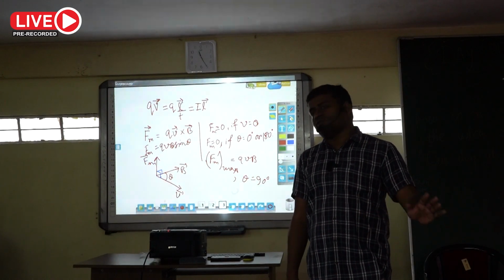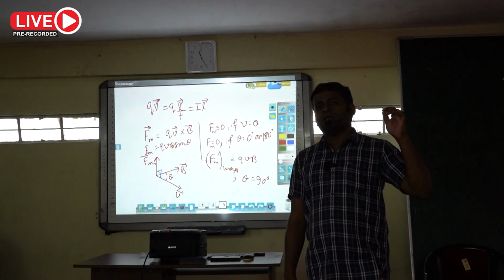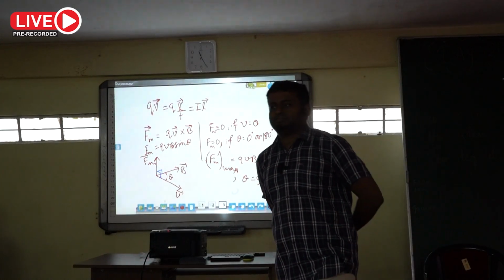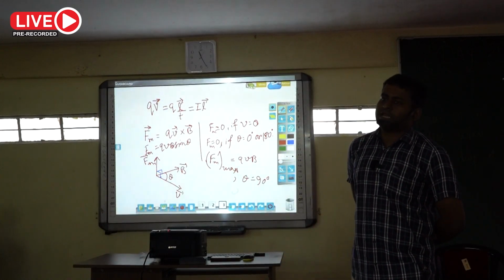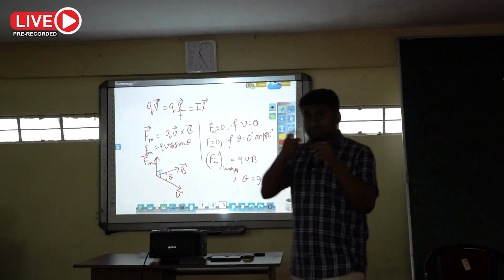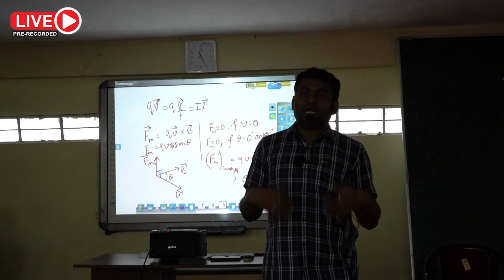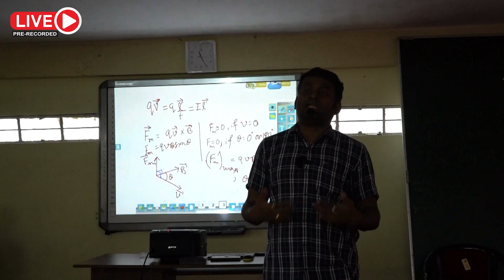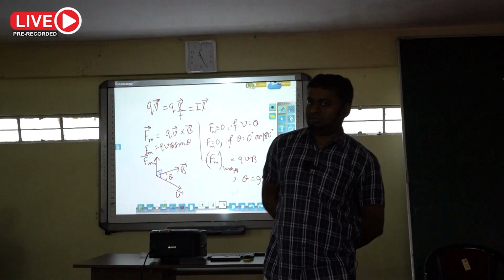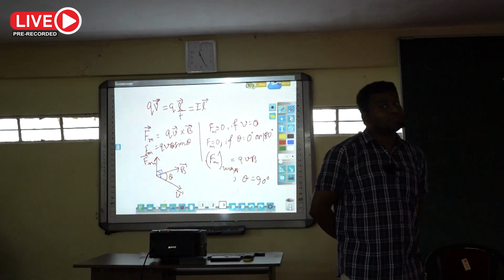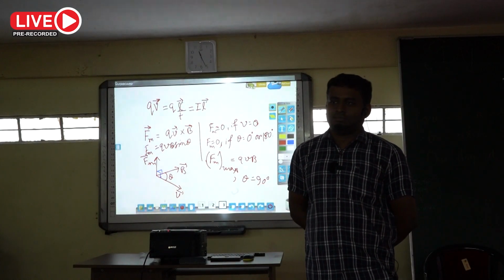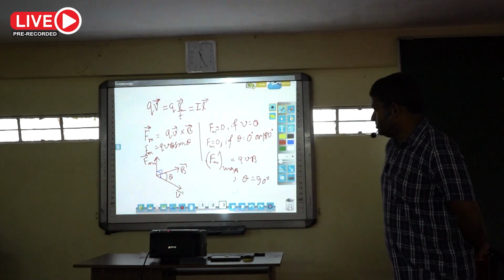In case of electrostatics, I can always say electric lines of force, electric field lines, both terms are same. There will be no problem. But in case of magnetism, you cannot say magnetic lines of force. The lines that you see drawn in your book are the magnetic field lines, not magnetic lines of force. Magnetic lines of force are never drawn in the book. Sometimes students write magnetic lines of force, but that is incorrect. See why.